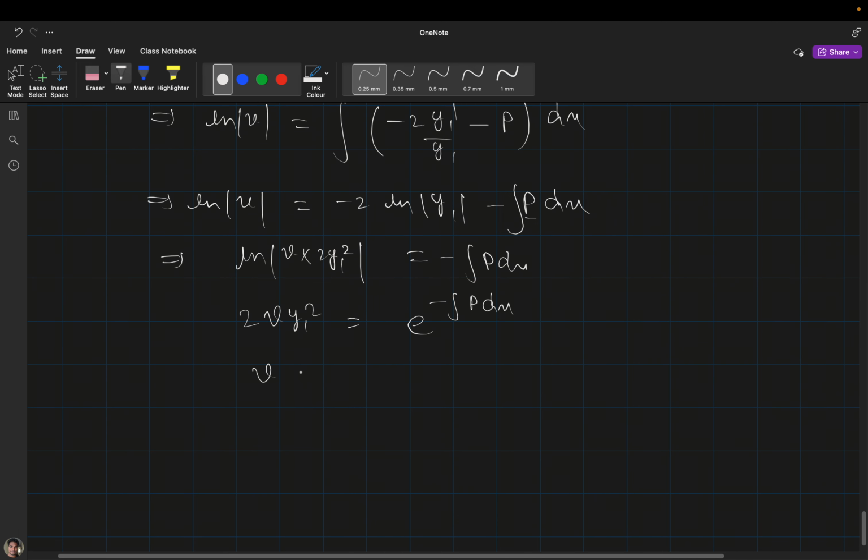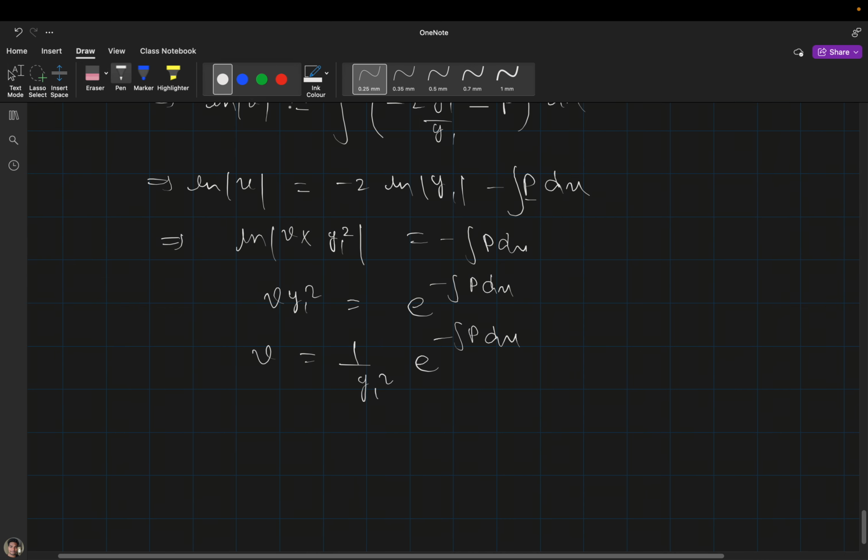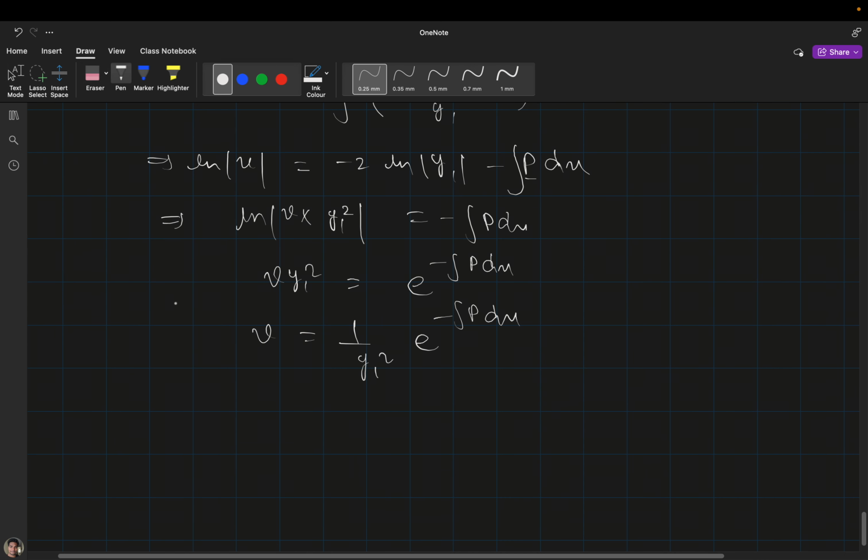Then you will get v equal to 1 by y1 square times e raised to the power minus integral of p dx. Because I have already taken the square, the 2 will not be here. Is it fine?